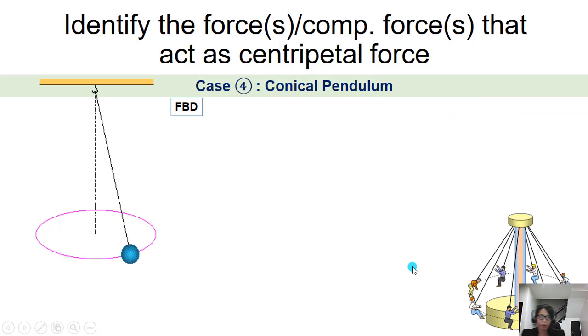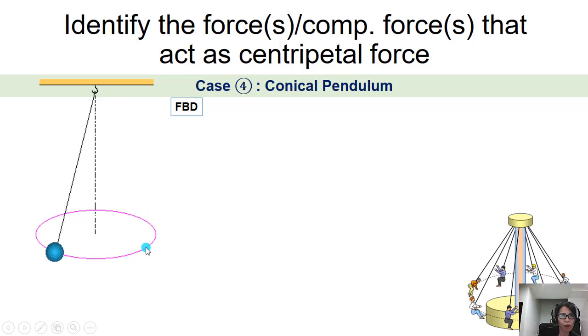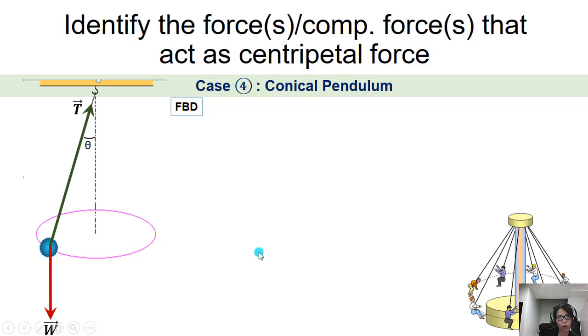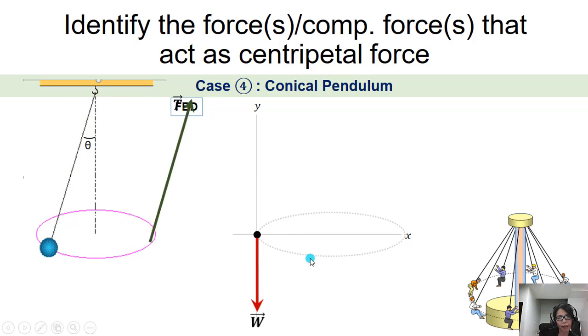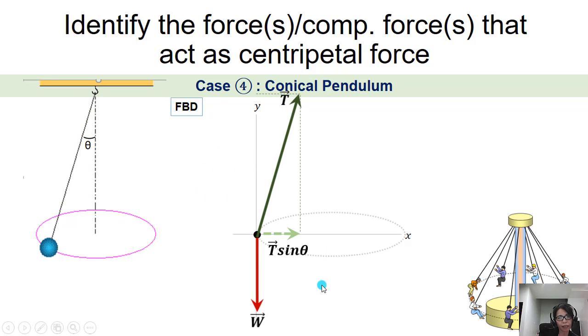Now we move on. The fourth case, we might have a conical pendulum. We have a pendulum bob attached to a string, and it revolves in a horizontal circle. Identify the forces that act on this object performing circular motion. For sure it has mass, so it has weight straight downwards. Attached to a string, along the string we have tension. This tension acts at an angle theta from the vertical line.